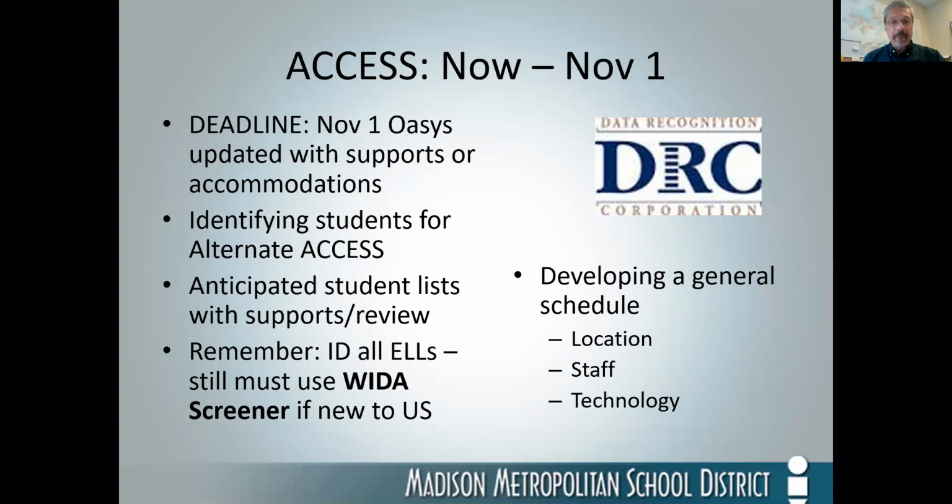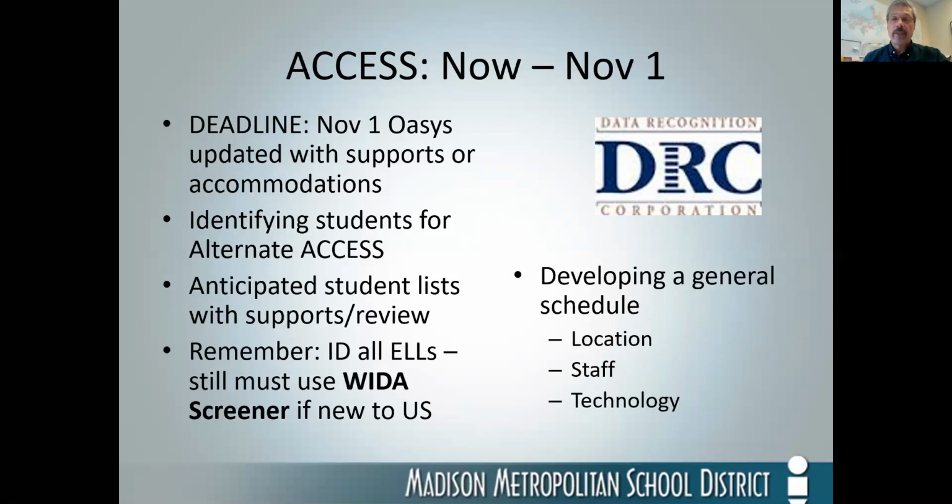Another thing that's going to be happening, and this may be especially for younger students, is that students who have IEPs or IEPs that have changed might be identified for the Alternate Access rather than the Access assessment. The key piece for how do you know the difference is answered by the question, what standards are the students being taught to?